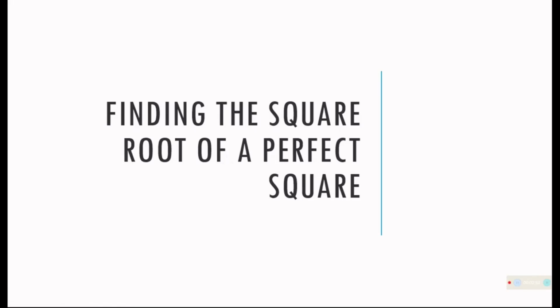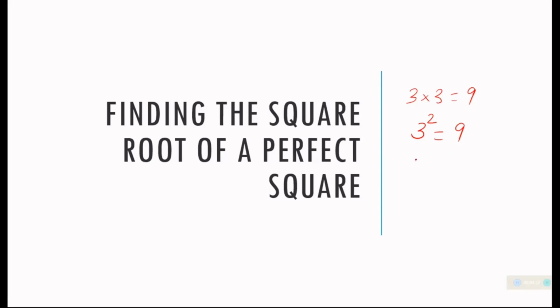Square root is also not a new thing for you. We know that 3 into 3 is equal to 9. Now after learning indices, we write 3 square is equal to 9. The square of 3, 3 squared, is equal to 9.